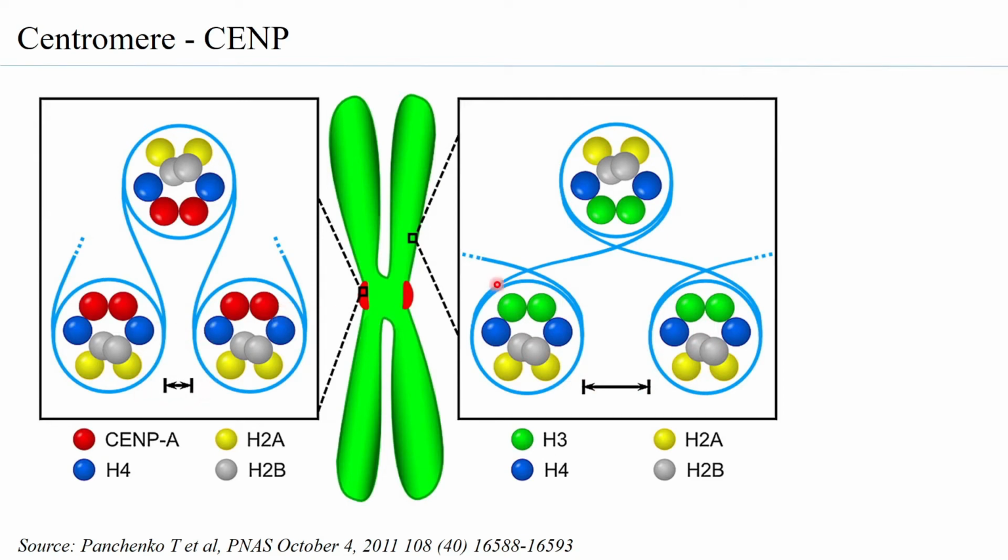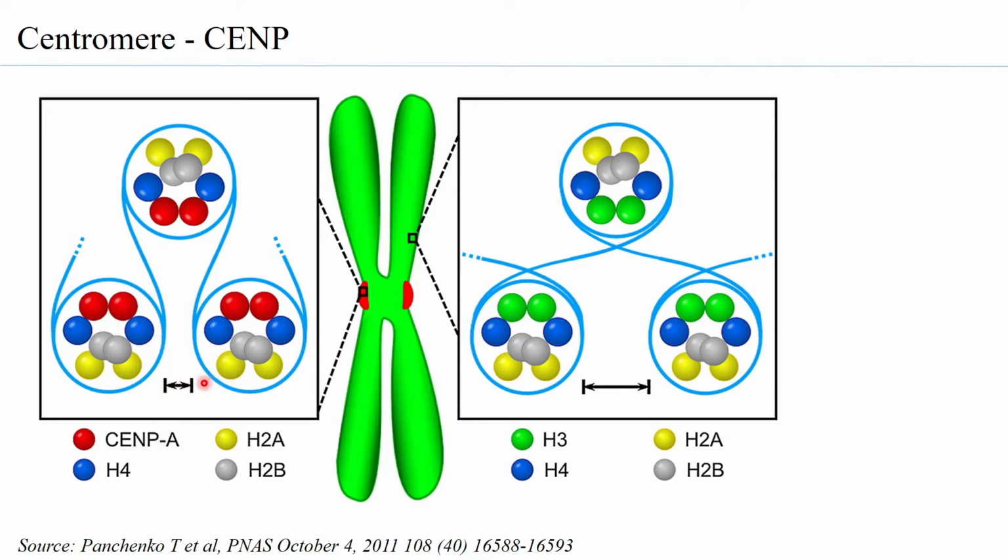So although here the linker DNA, or rather the exit and entry part of the DNA around the nucleosome, is a more closed structure, in this case it is a more open structure. But when you compare the distance between two adjacent nucleosome core particles that have CENP-A, you will find that here it has less space.